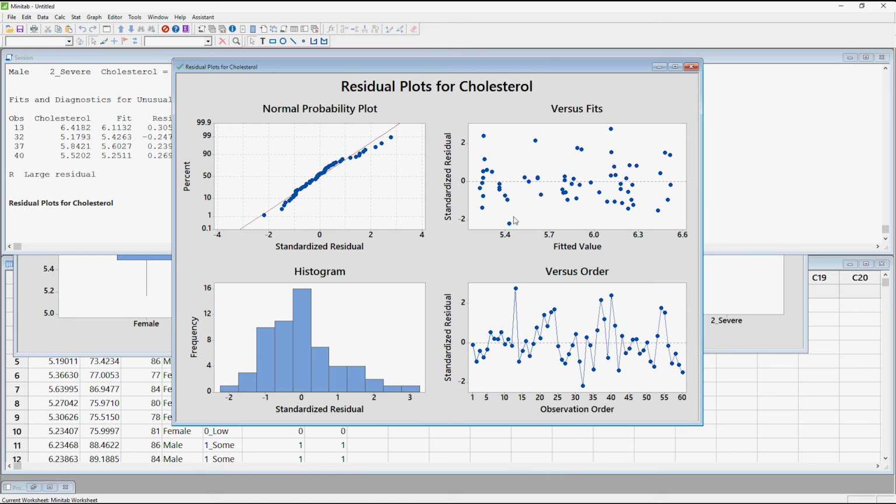Something which I didn't talk about in the last video was this observation order, and you might be wondering why that matters. This can happen if you're doing testing over a period of time. So let's say you were testing something to do with people, and you started in the morning, and by the time you got to the afternoon you were finished, and perhaps you're testing something like serotonin or cortisol.